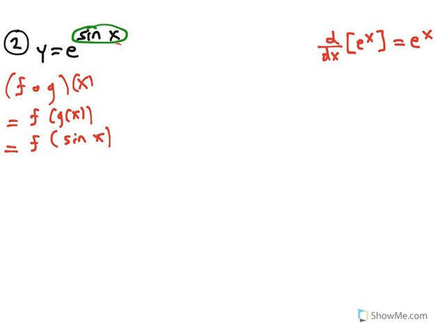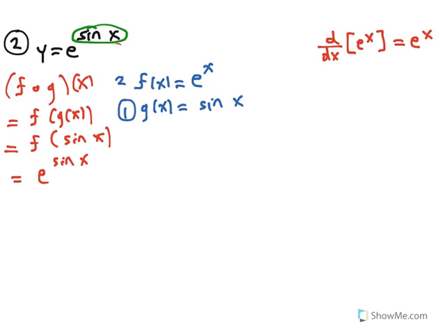And our outside function is e to the x. So we have e to the sine x. So our functions where f of x is the outside function, e to the x, and g of x is the inside function, sine x. And of course, the inside function is the first function, the outside function is the second function.